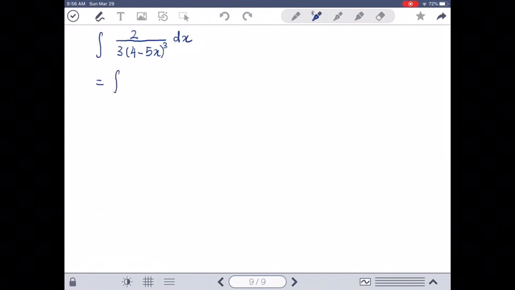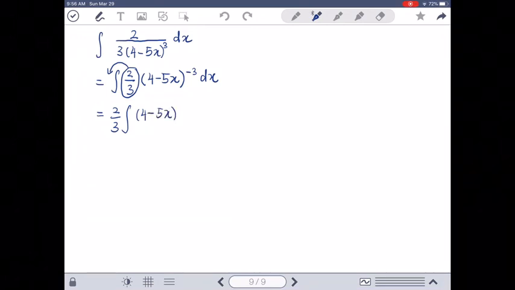It will become integration of 2 over 3 times 4 minus 5x to the power of negative 3 with respect to x. And again, constant we can bring outside, becomes 2 over 3 times integration of 4 minus 5x to the power of negative 3 with respect to x.